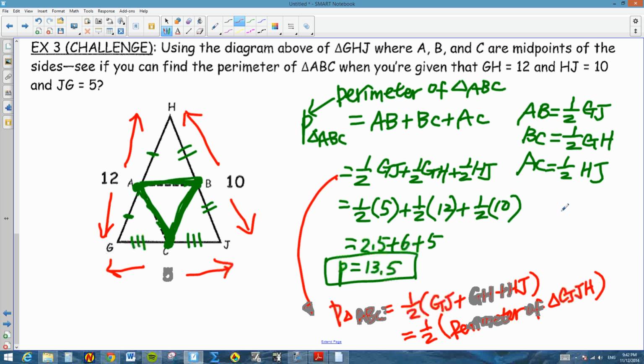So that's what we discover from this question. The perimeter of the smaller triangle, which is formed by the 3 midsegments, will be half of the perimeter of triangle HGJ.